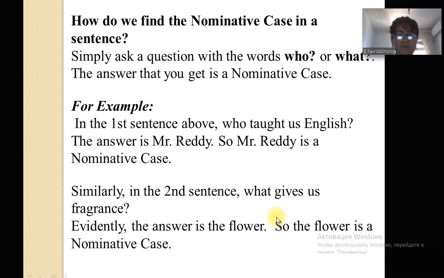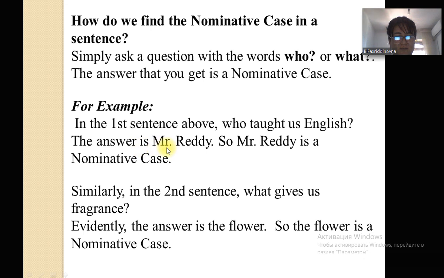How do we find the nominative case in a sentence? Simply ask a question with the word who or what, and the answer that you get is the nominative case. Who we use for persons and what we use for things. For example, in the first sentence, who taught us English?